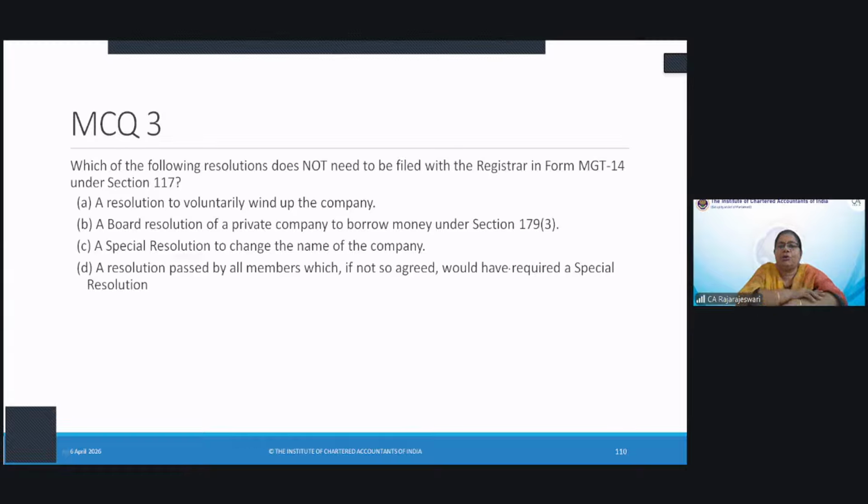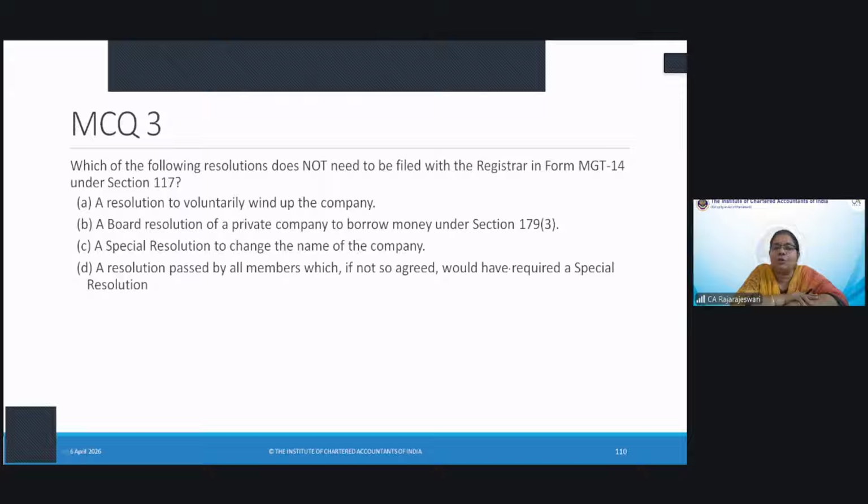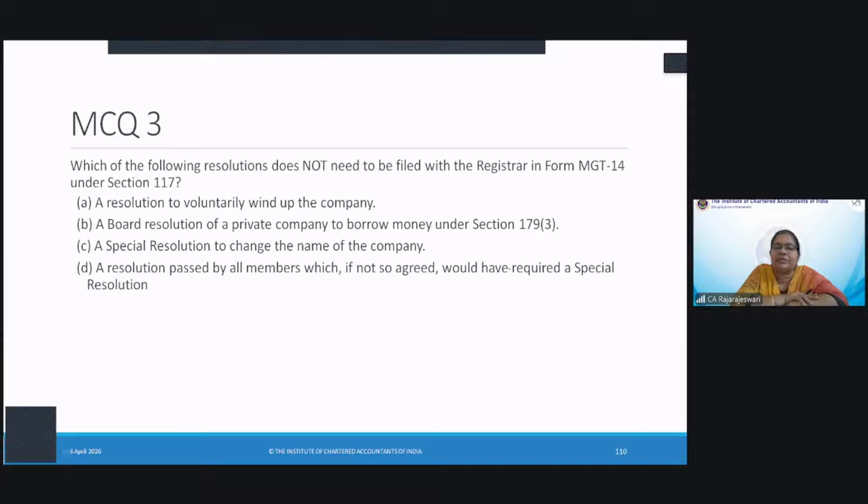A resolution to voluntarily wind up the company, a board resolution of a private company to borrow money under Section 179(3), a special resolution to change the name of the company, a resolution passed by all members, which, if not so agreed, would have required a special resolution.